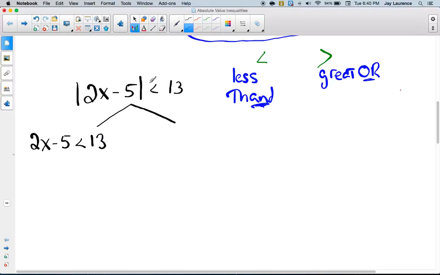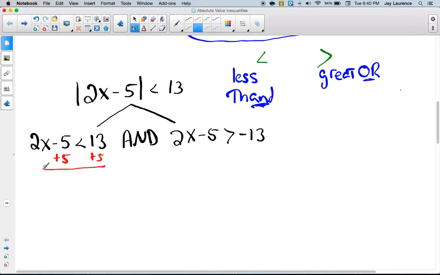And since this is a less than symbol, I'm going to write and 2x minus 5 is greater than -13. I flip the symbol and change the sign. I'm going to solve each piece. I'm going to add 5 here and add 5 there. Add 5 everywhere. 2x is going to be less than 18. Dividing by 2 will tell me that x is less than 9.